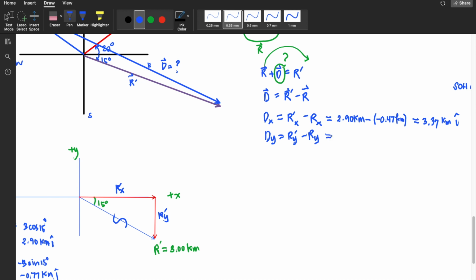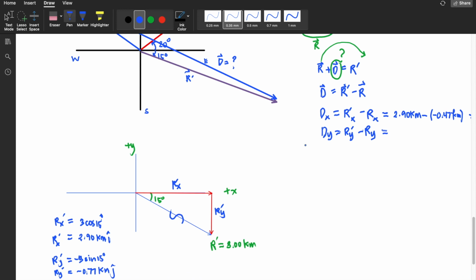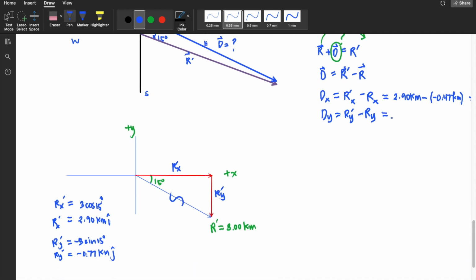Your dy also, you'll have here ry prime minus ry: negative 0.77 kilometers minus 0.94 kilometers.